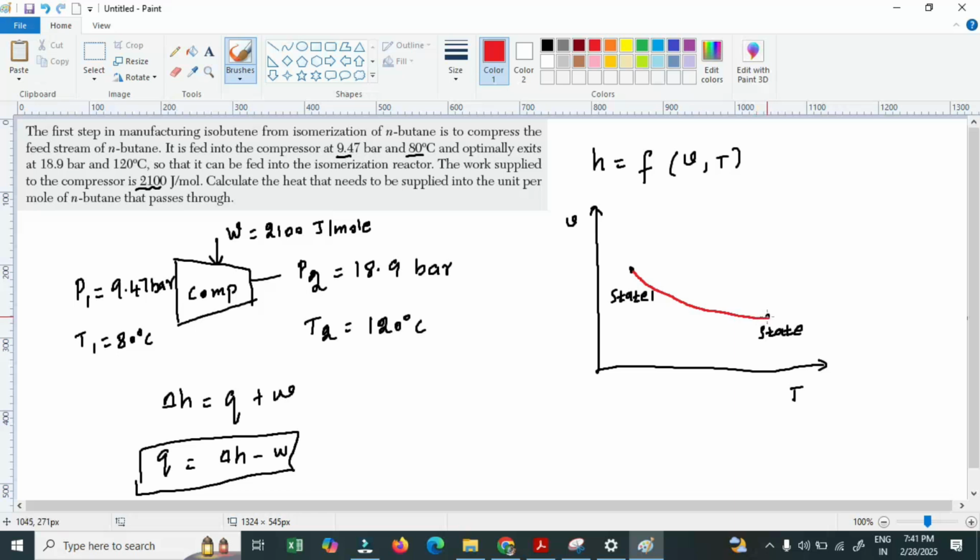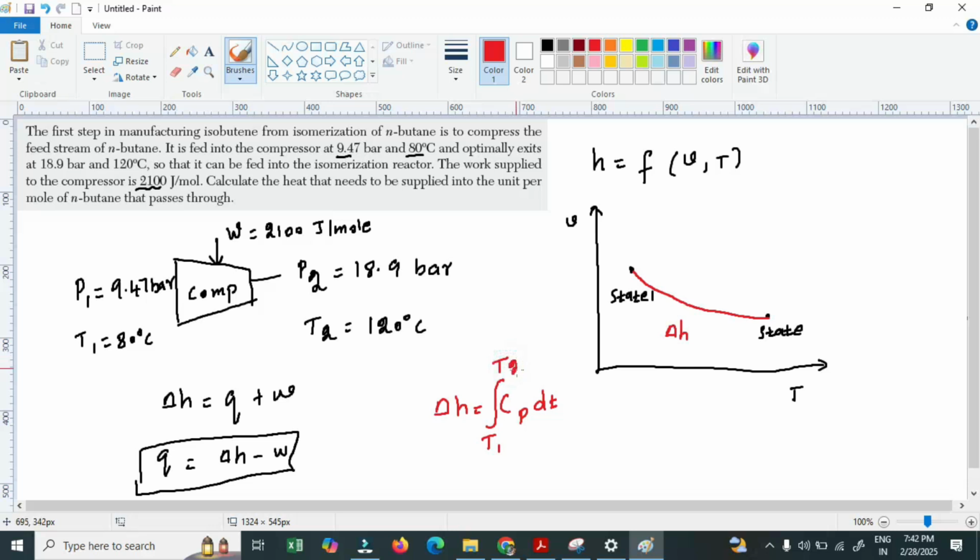If I have the Cp data in terms of temperature, I can determine the H value. For that, let us look at Appendix A.2, which I have here. We have provided the data for different components. In our case, the problem statement gives us n-butane. Now let me look at the data for n-butane.